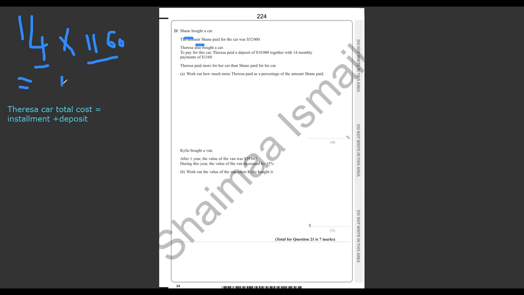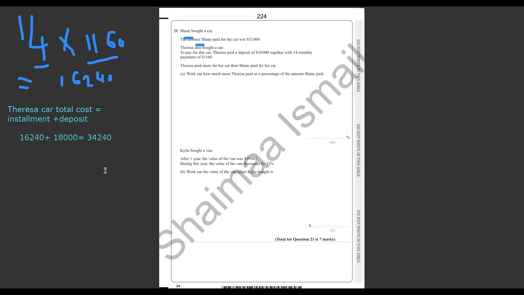Here we have it 16,240. So we take this 16,240 plus the 18. So the installment here is 16,240. Then we add on it the 18,000 deposit. Gives us a total of 34,240.